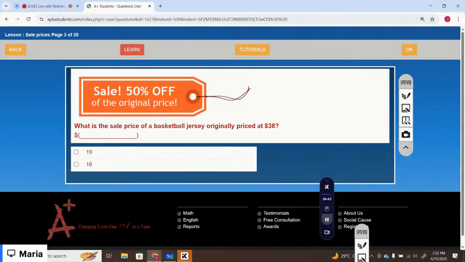What is the sale price of the basketball jersey originally priced at $38? So that is 50% off, right? Let's calculate the price at 50% off.